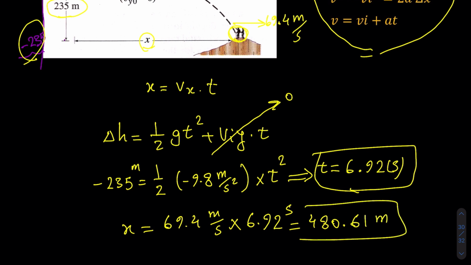So that is the answer. That means this x must be 480.61 meters, the horizontal distance, right?